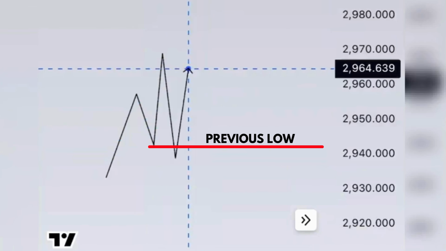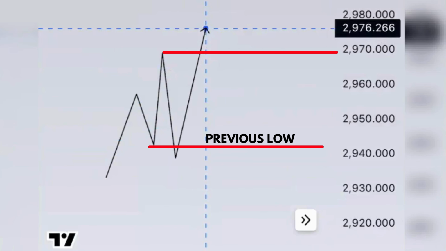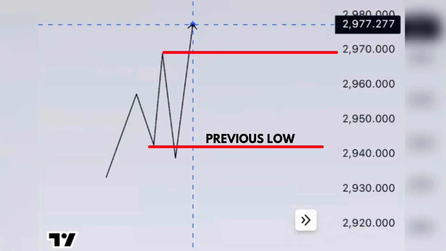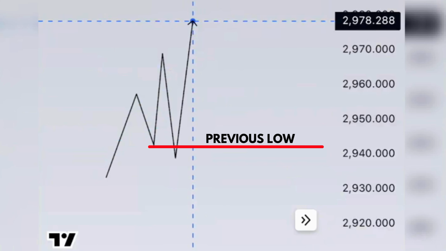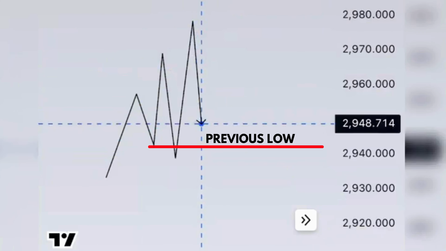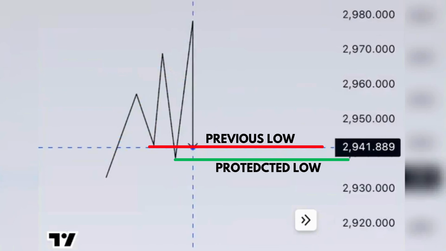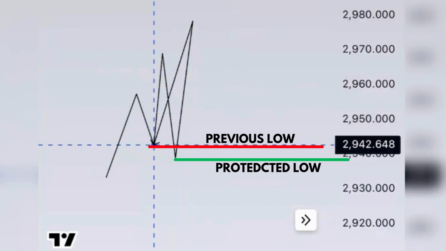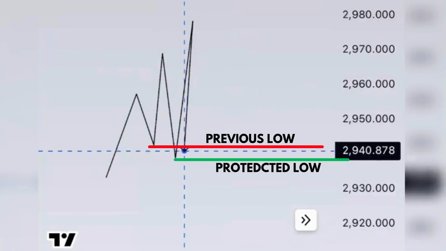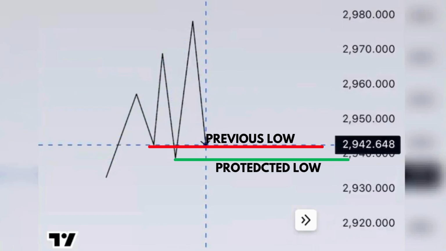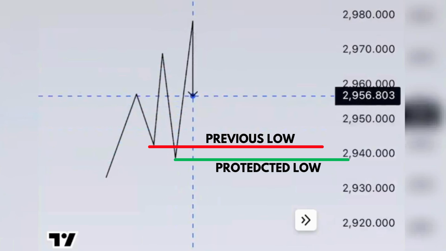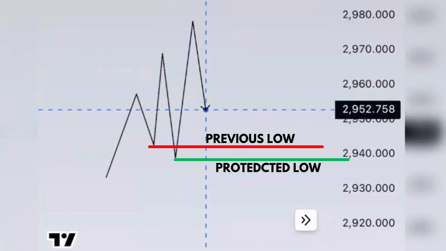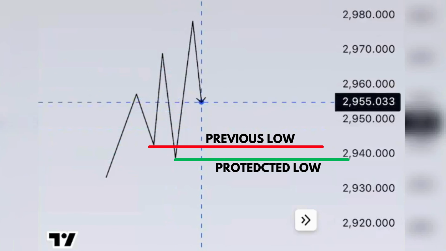You want to see people deceived to sell off this high, and then you want to see that high disrespected. The moment that happens, you have a new protected point, which is this low here. So price should likely not break this low because this low already swept people's liquidity. So there is more like nothing else to sweep below unless price wants to just change direction, that kind of thing. So the moment that happens, you want to trade off the low.